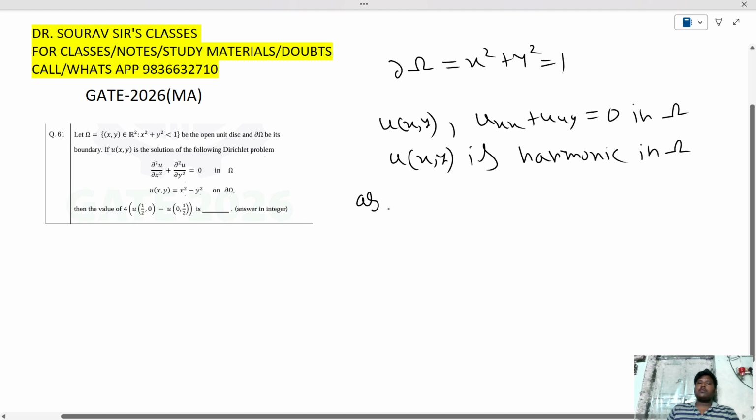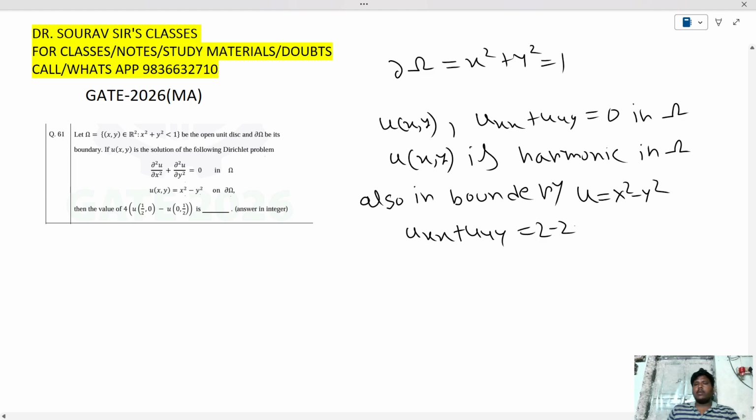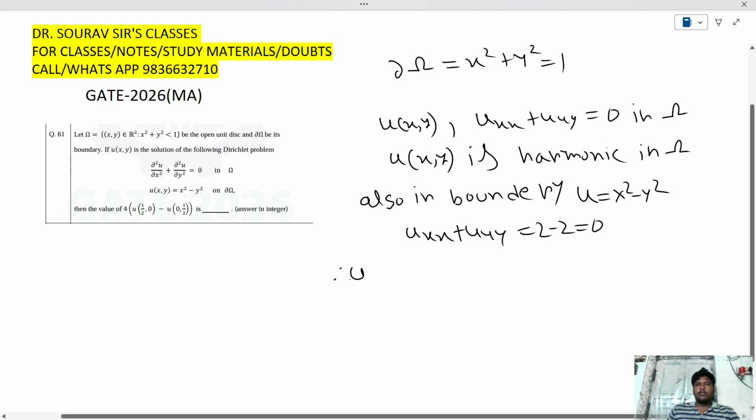Also, on the boundary, u is x square minus y square. So here u_xx, if we calculate, plus u_yy, if we calculate, we get 2 minus 2 equals 0. Therefore u(x,y) is harmonic on the boundary also.